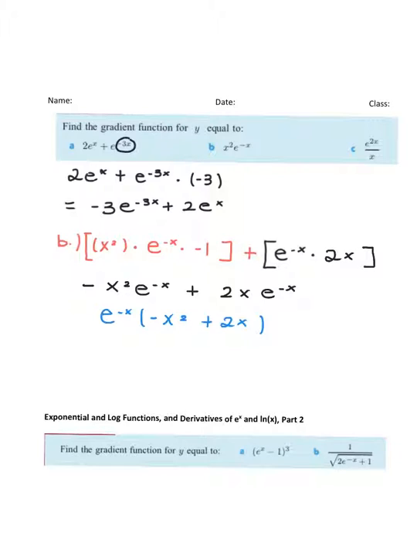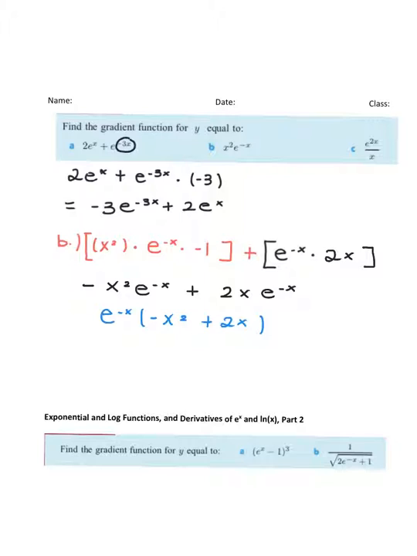And that's my answer. Questions? Remember, those equations are the equations you use for finding slopes of those curves, the instantaneous rate of change at a point.